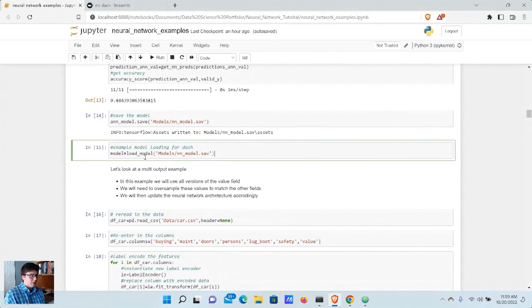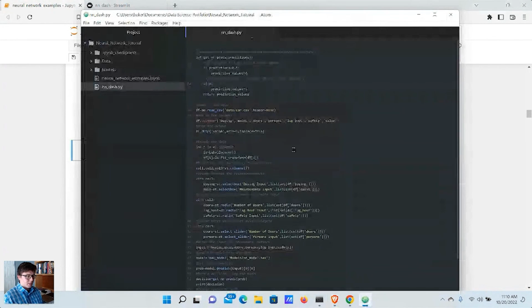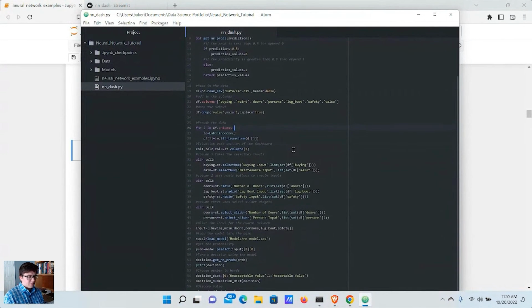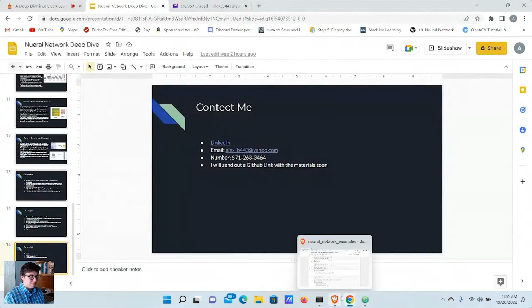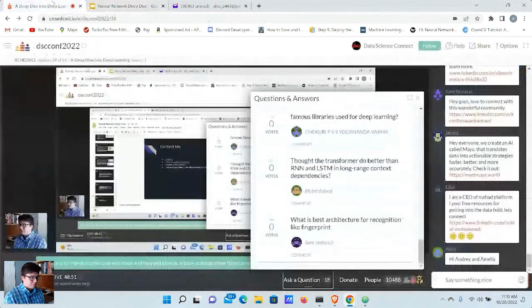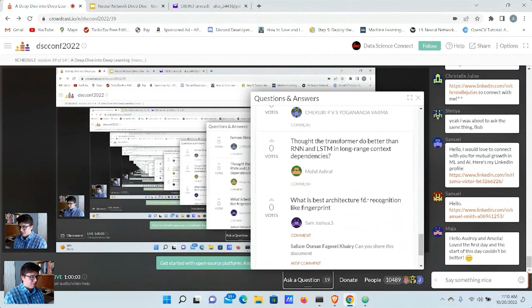You can use this to save your neural network and turn it into a dashboard like I did over there. And this is the code for the dashboard. I'll send this to you. I didn't have time to go over it today. I knew I'd be pushing it with the dashboard, but yeah, that's the deep dive into deep learning.